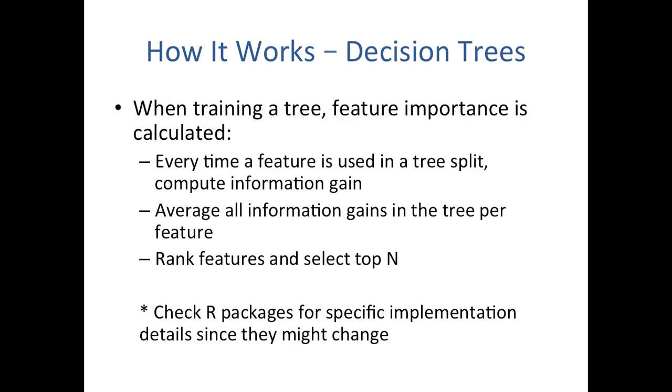We could select the top n features given a certain threshold, and then retrain the model with those features. Again, the implementation for that embedded method might differ across different R packages, so make sure that you check that. But it's basically just the implementation of a tree that identifies important features and then retrains the tree only with those important features.